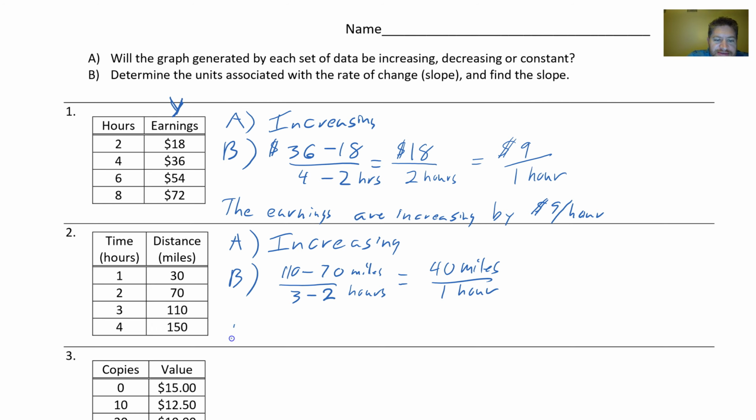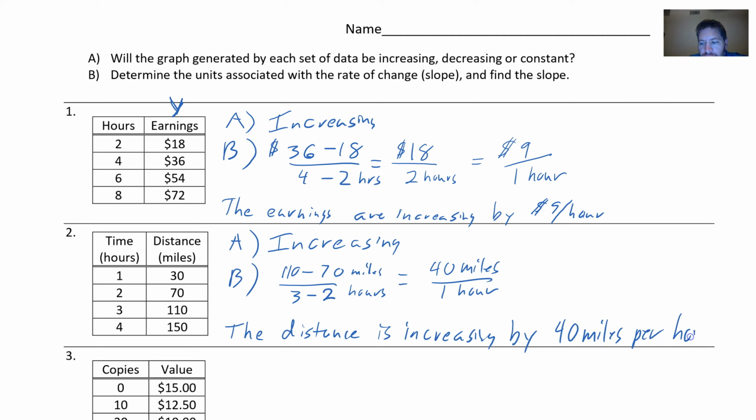To write this as a verbal interpretation, the distance is increasing by 40 miles per hour.